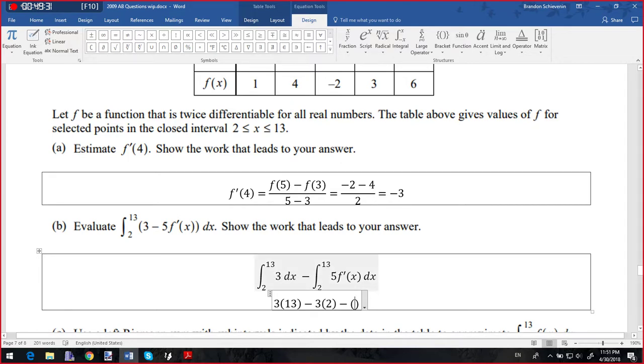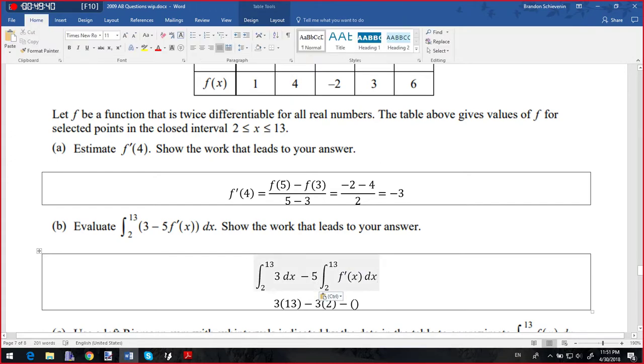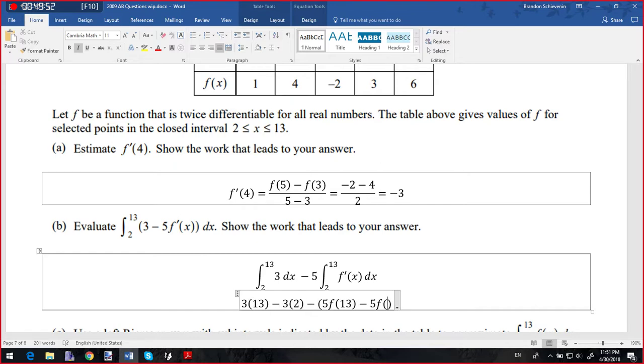So for this integral, I can actually pull this 5 out too, so let me go ahead and pull that 5 out. This might be easier. Okay, if I integrate this, I'm going to get 5 times my integral of f prime. So that's 5 times f of my upper bound, 13, minus 5 times f of my lower bound, which is 2.